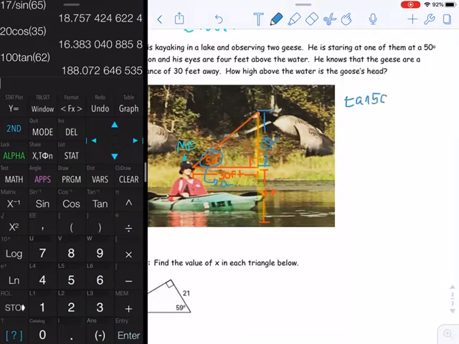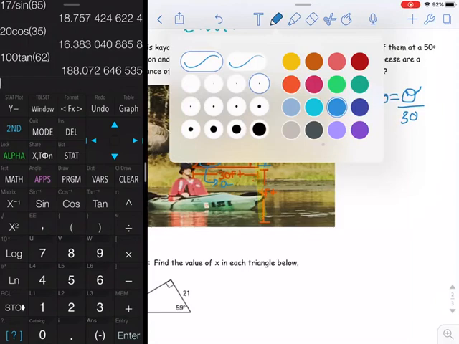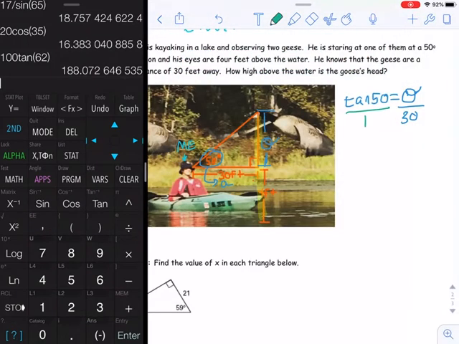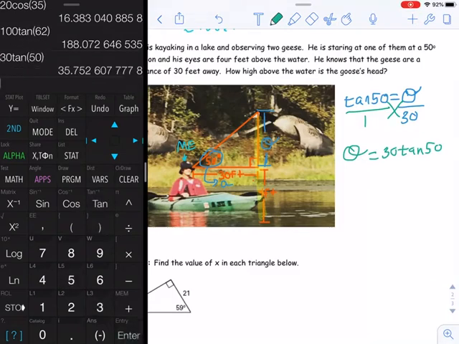Tangent of 50 equals opposite over adjacent, which is 30 over 1, cross multiply, opposite equals 30 tan 50. 30 tan 50, enter.